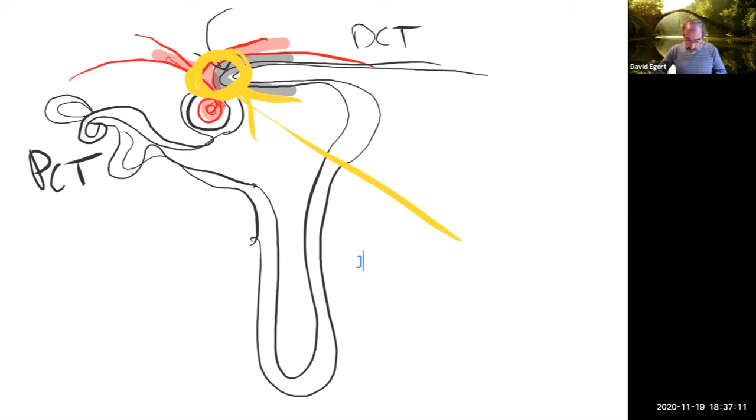So juxta means near, so near the glomerulus apparatus. So these are specialized cells within the arteriole and the tubule.